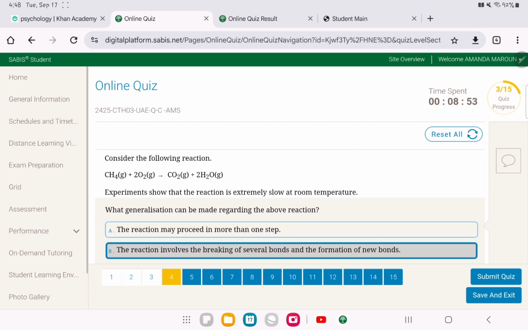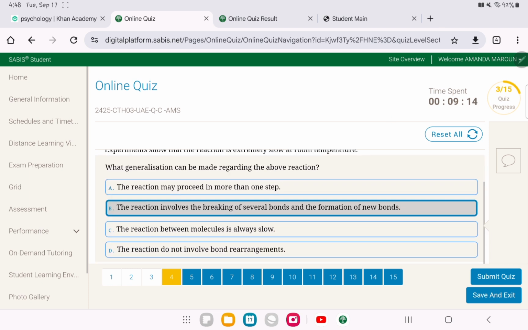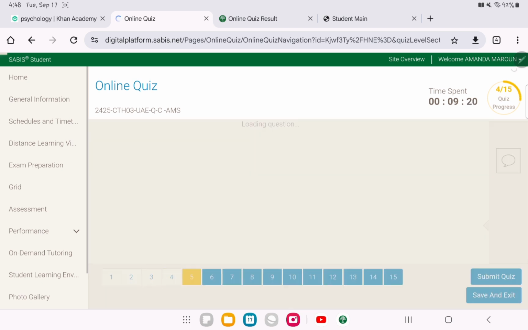But if they told you that the reaction is extremely fast at room temperature, and they didn't increase the volume or change anything, that means there are not too many bonds to be broken. But here they're telling you extremely slow, so it involves the breaking of several bonds and the formation of new bonds. By several bonds, they mean many bonds.